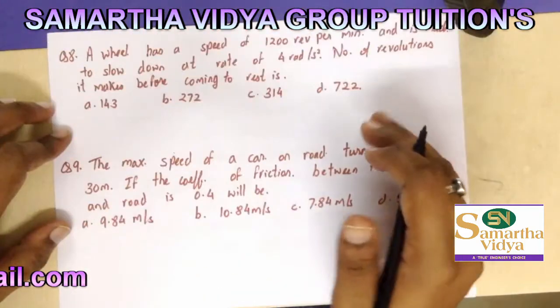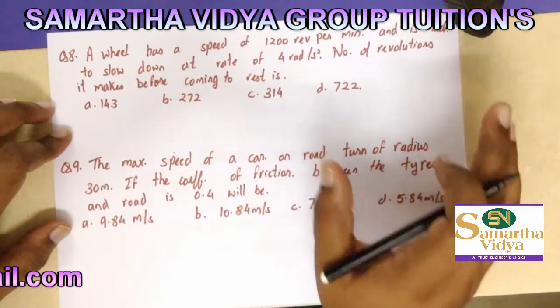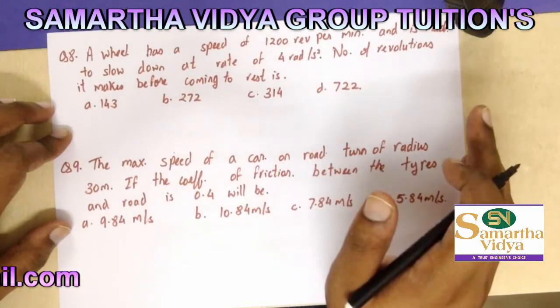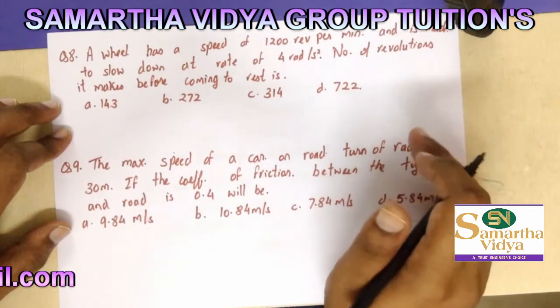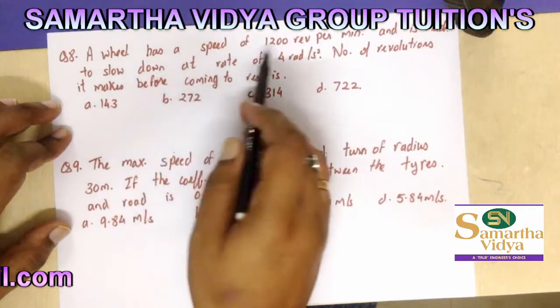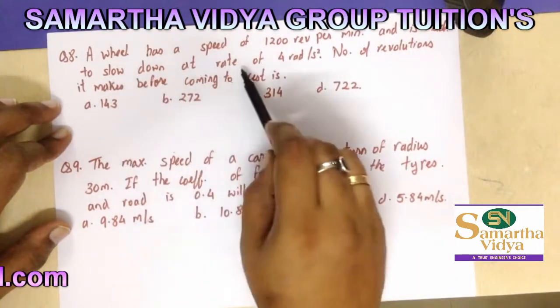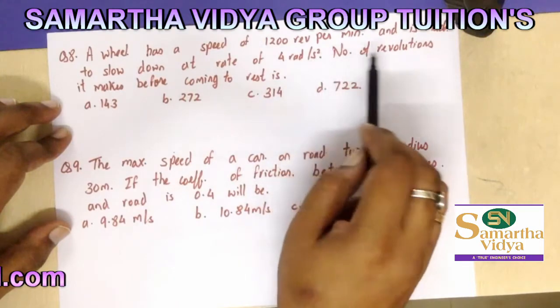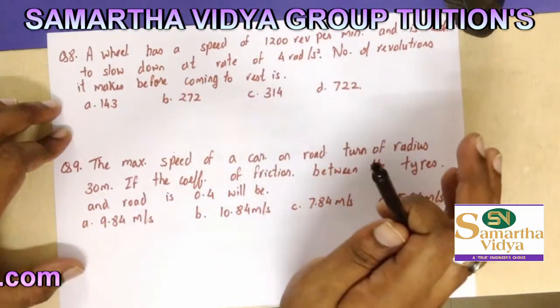As you all know, we have started this section wherein we give you certain sets of questions for revision and practice. These are the 2 questions given to you. A wheel has a speed of 1200 revolutions per minute and is made to slow down at a rate of 4 radians per second square. What is the number of revolutions it will make before it comes to stop?